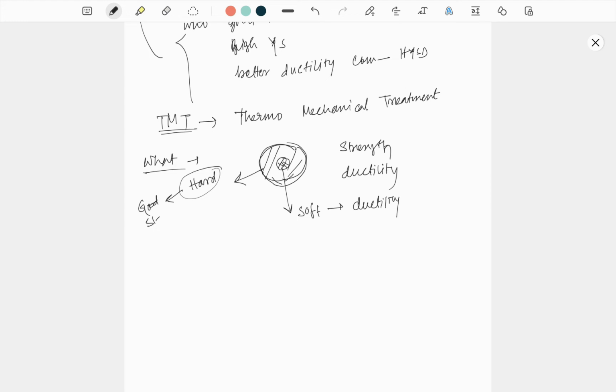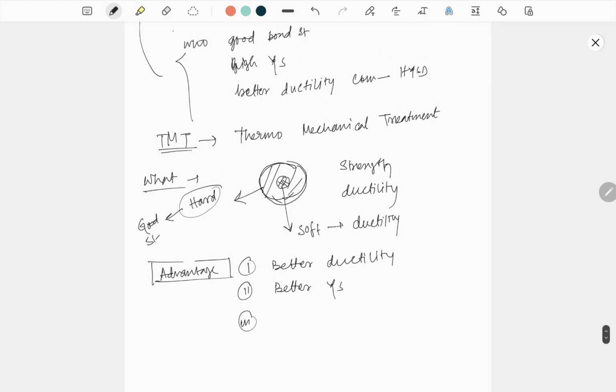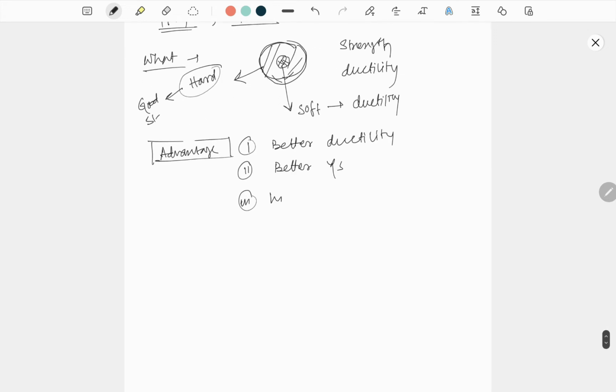Now if I talk about some advantages, we have to write: better ductility, number two, better yield strength, thermo mechanical treatment, higher fire resistance.